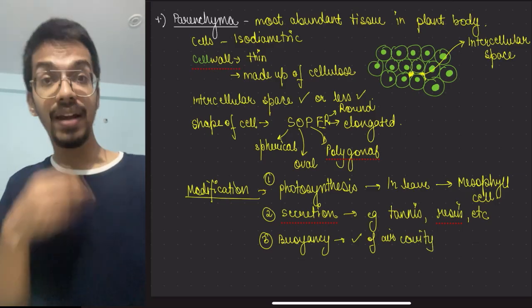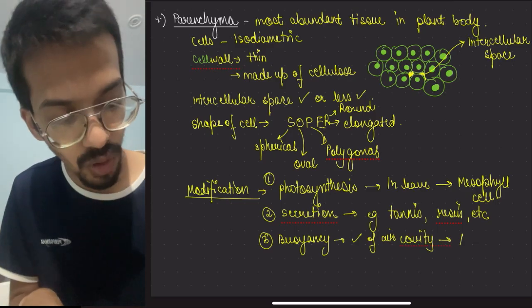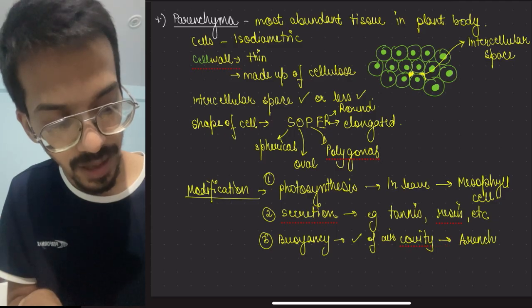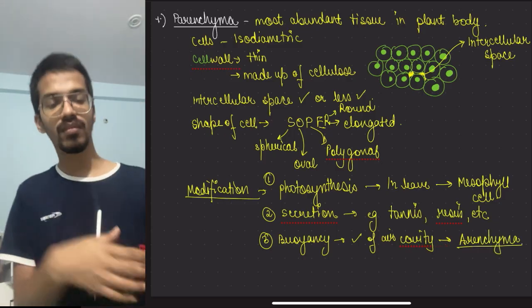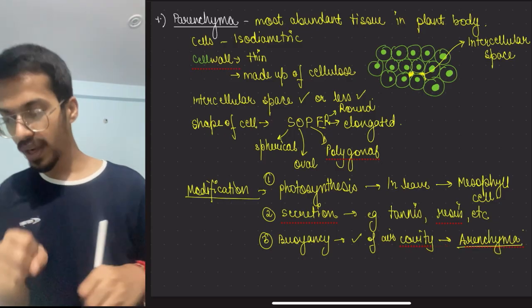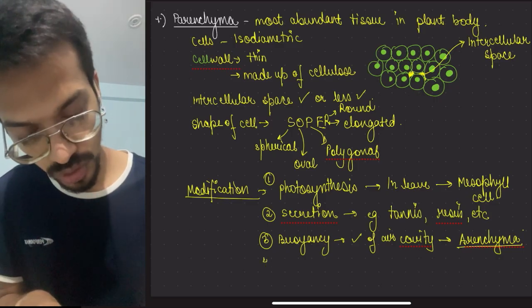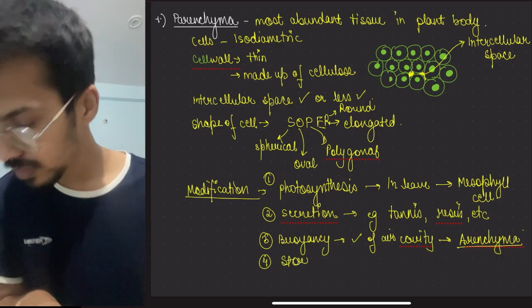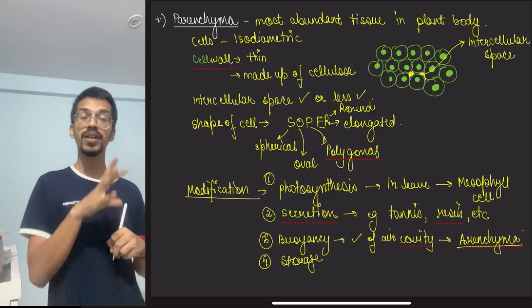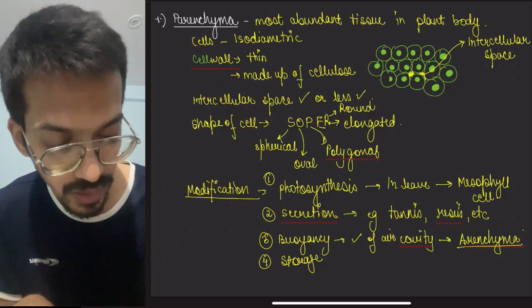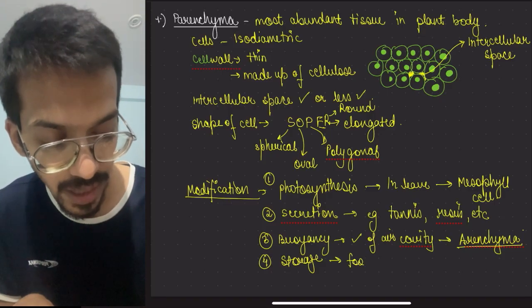What kind of parenchyma is it called? It is called aerenchyma. More to this, what else? It also helps in the storage of food, for example endosperm.